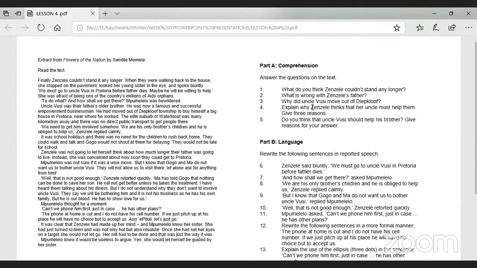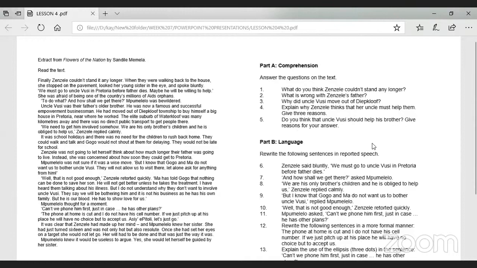The answer is there as well, starting from the second line of the second paragraph. Then the fourth question, explain why Zenzele thinks that her uncle must help them. Give 3 reasons. You'll find that in the extract as well.